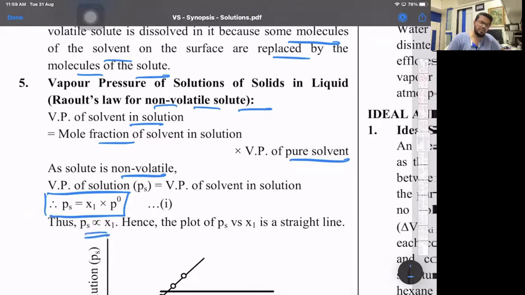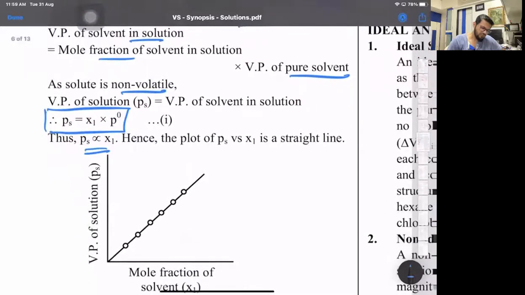And this proves that the vapor pressure of a solution is directly proportional to x1, meaning when I heat NaCl in water, vapors coming on the surface will be only of water, not of NaCl. And that is confirmed because it's a graph passing through the origin, which starts over here when x of A is 0, and where it cuts over there, we will say XA is equal to 1.